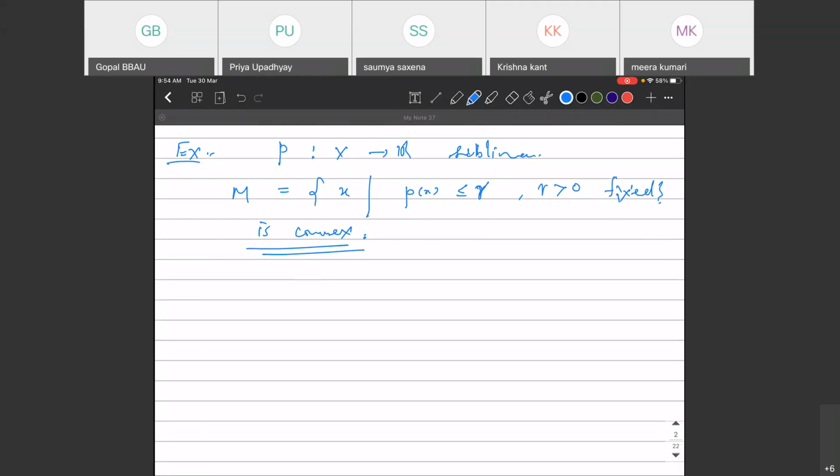Take x, y in M. Then you have to prove that alpha x plus 1 minus alpha y belongs to M, where alpha belongs to 0 comma 1. Correct.